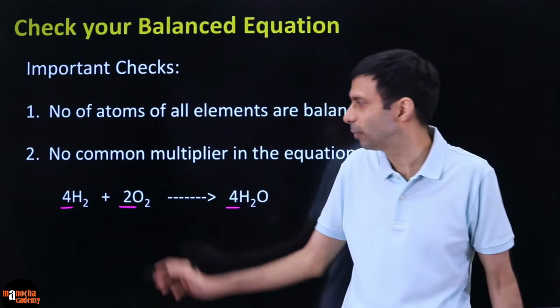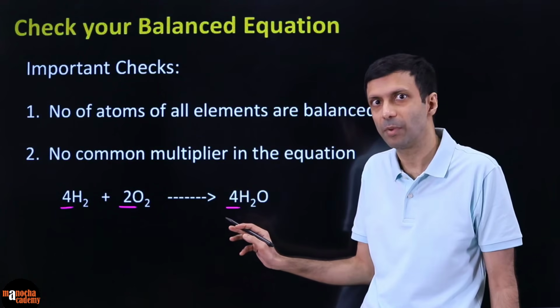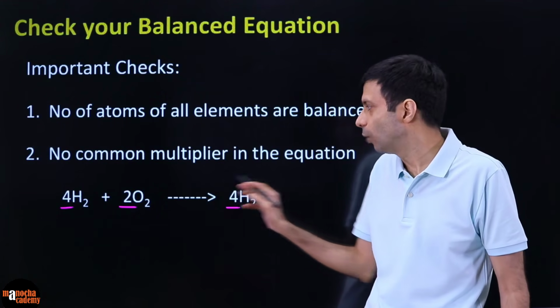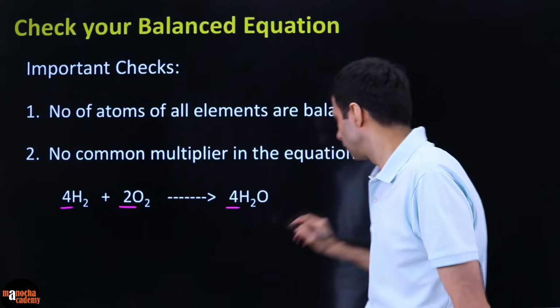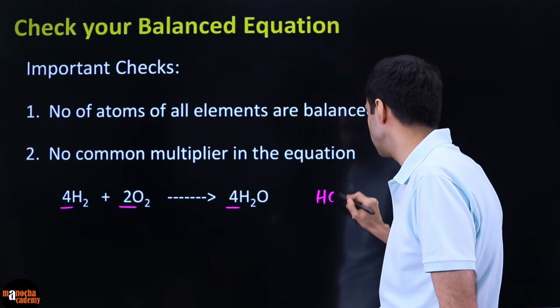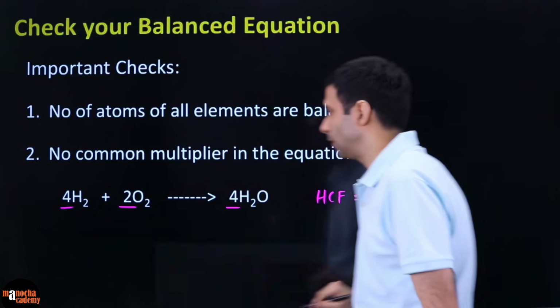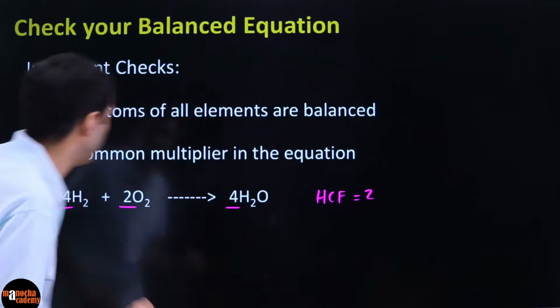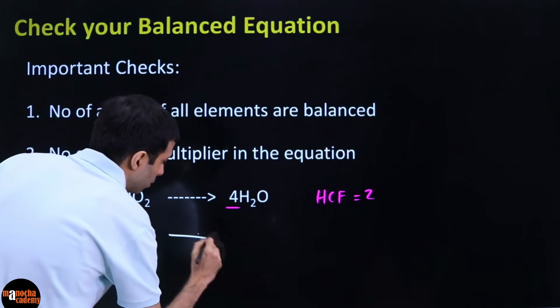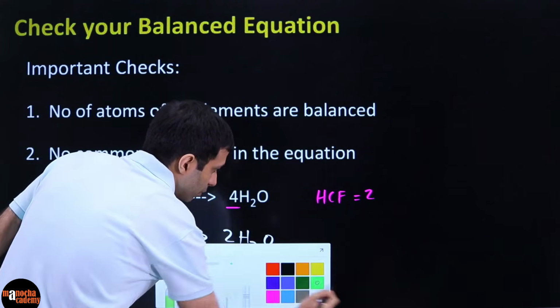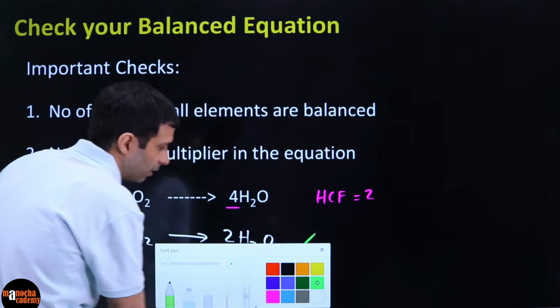So after balancing, please check if there is a common factor. There is a common factor here. 4, 2 and 4, what is the common factor? If you simply divide by 2, we can see the highest common factor here is clearly 2. So if we simply divide by 2, we will get 2H2 plus O2 gives 2H2O. So this will be marked correct.